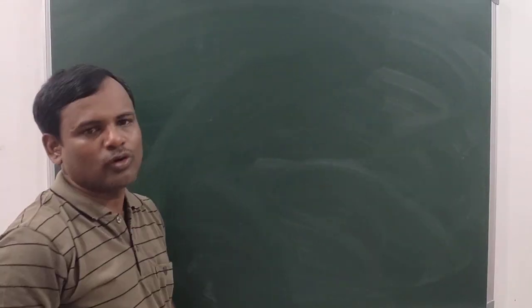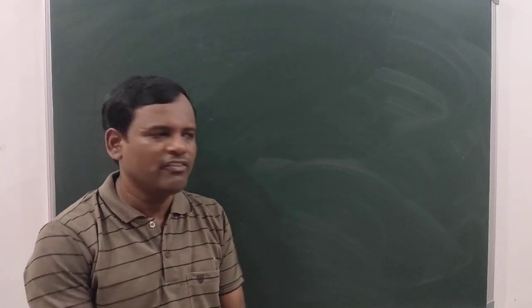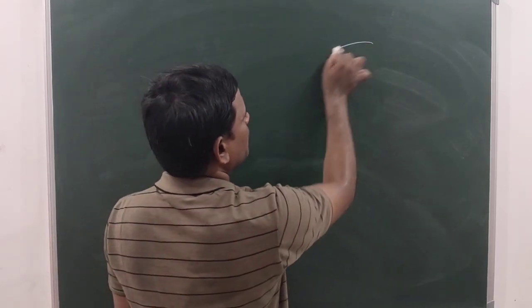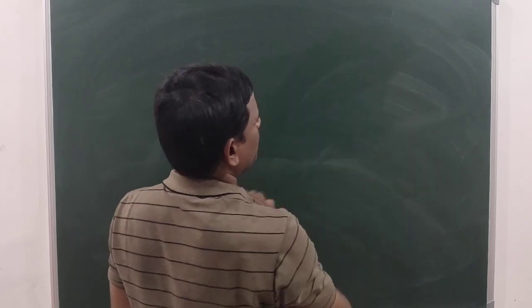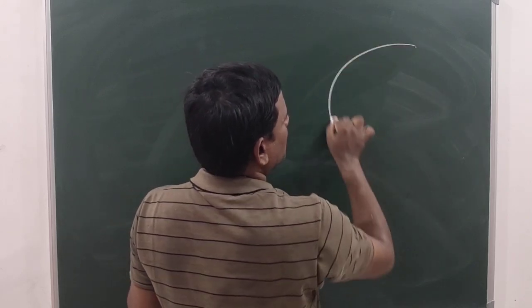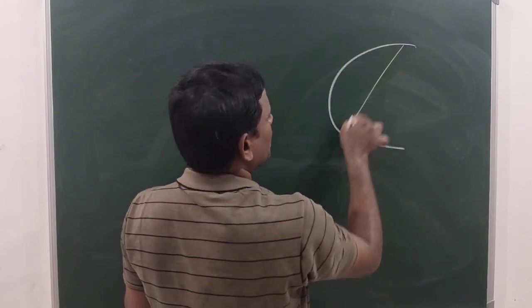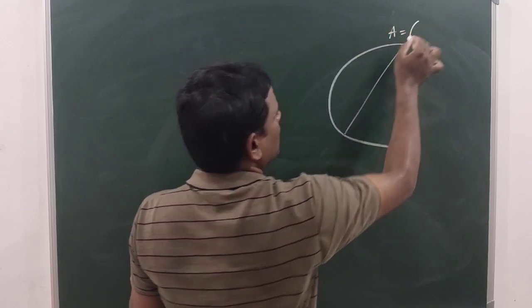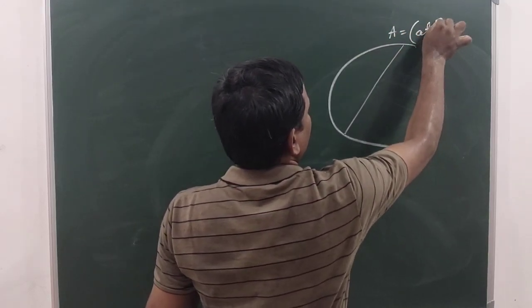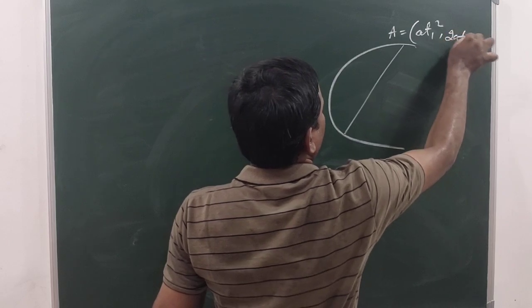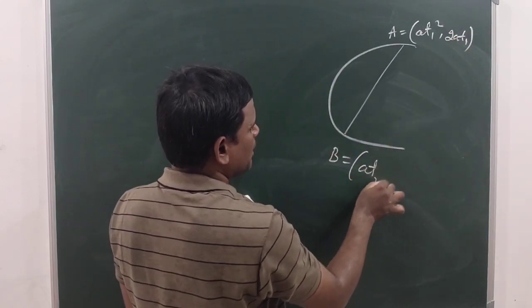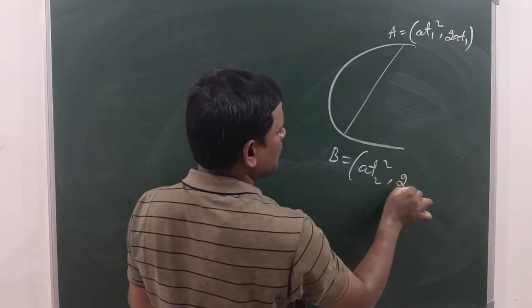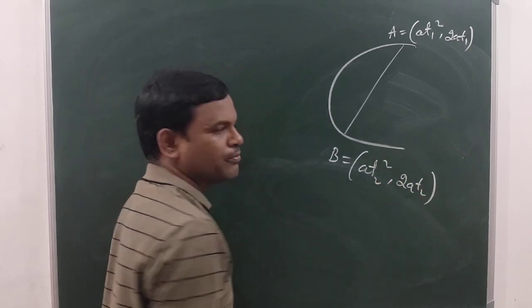Actually, if it is not a focal chord, if it is a normal chord, then how do you find it? See, for the normal chord, we have taken the ends of the chord A(t1 square, 2at1) and B(at2 square, 2at2).